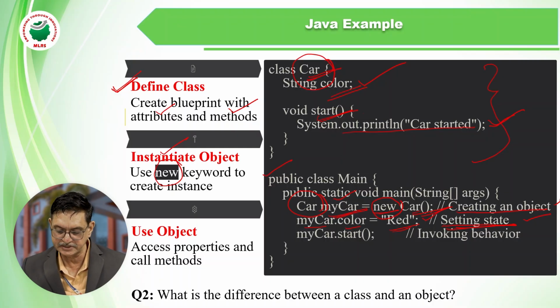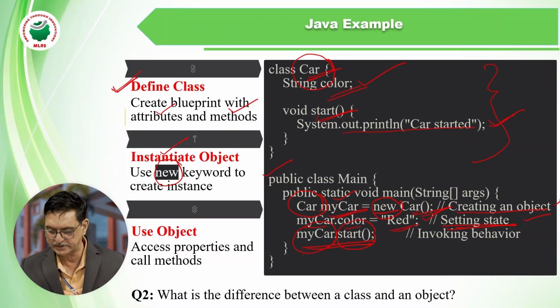Then we also created a few methods. The methods represent the behavior of the object. Here we call the required method, called start. myCar is the object. For the myCar object, we called a method called start. It invokes the required behavior. So in the car definition, in the start definition, you include the way you want this particular object to behave.